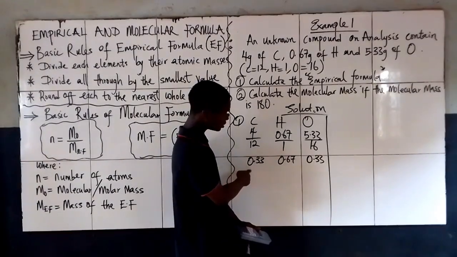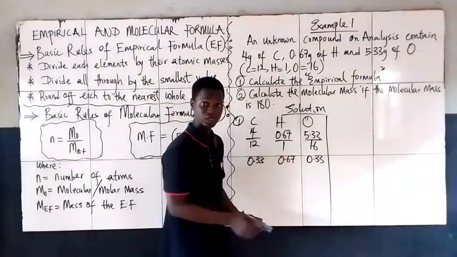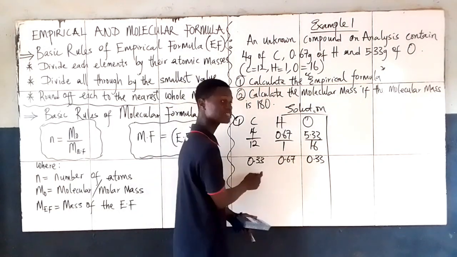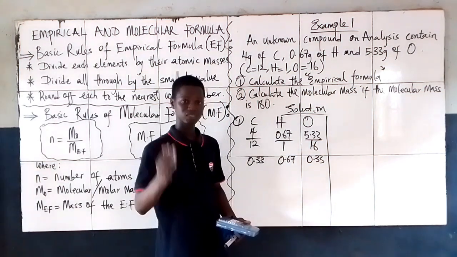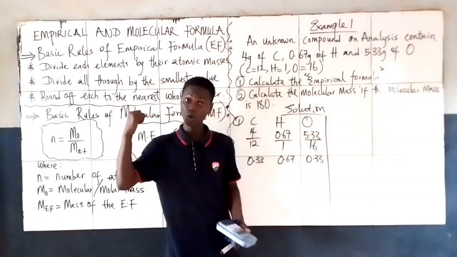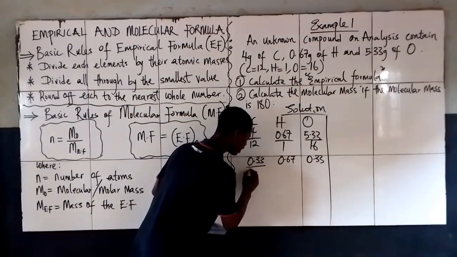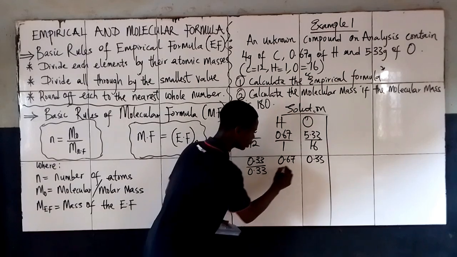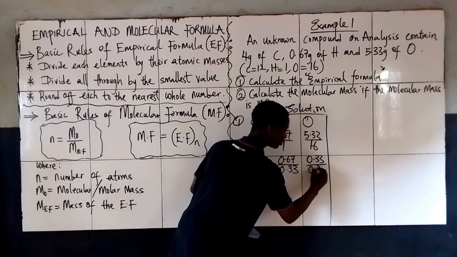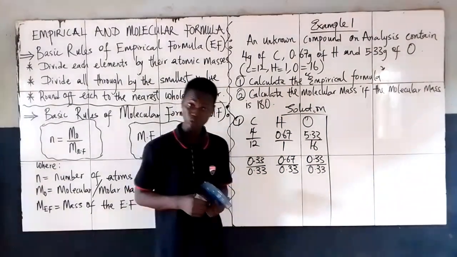Between 0.33 and 0.67, the smallest is 0.33. So I want you to divide each of them, that's what I meant by divide all through. So it's over 0.33, over 0.33, over 0.33. This is how it is done.